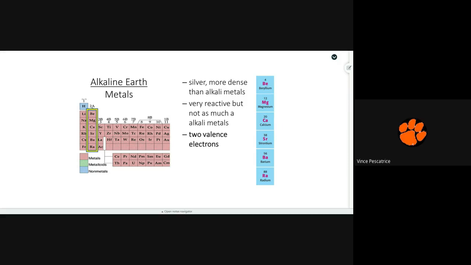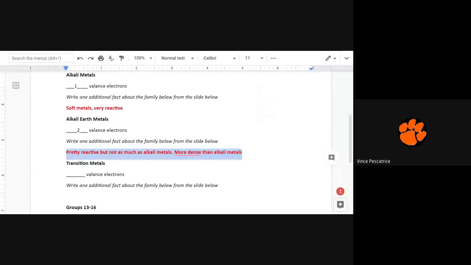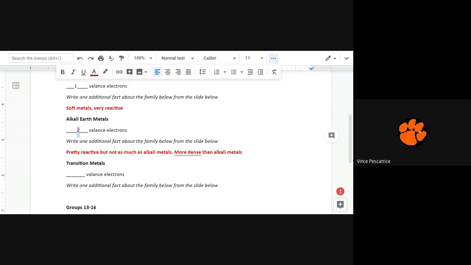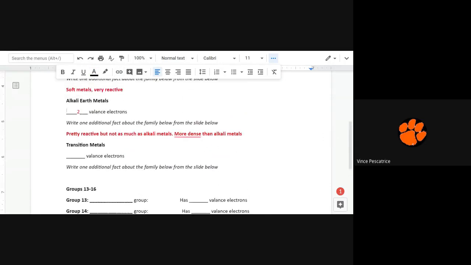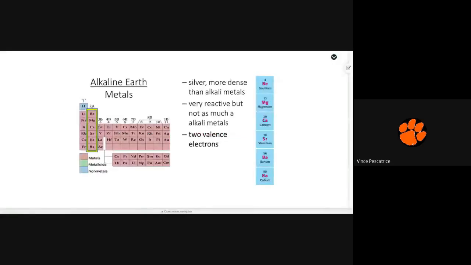Okay, so again, it should look like this. Now, a good example of this is magnesium versus sodium.